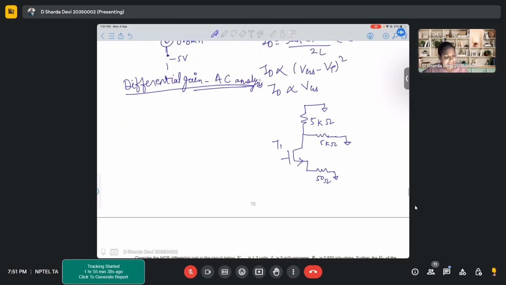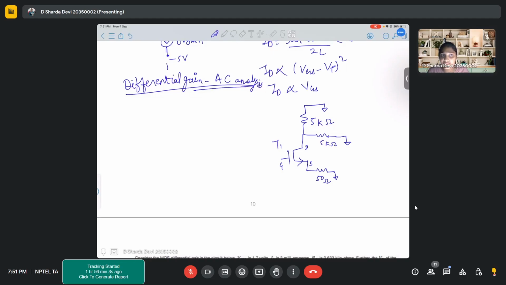So how does the circuit actually look? This is appearing as a source degenerate CS amplifier, correct? If you look at this half circuit, can you relate it with the source degenerate CS amplifier small signal model? Hello, am I audible?